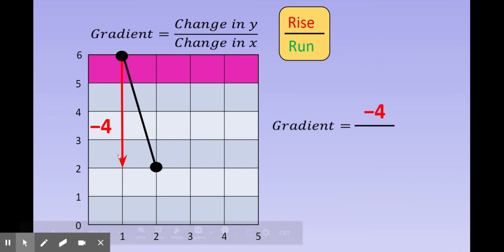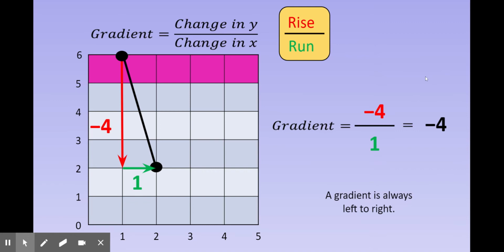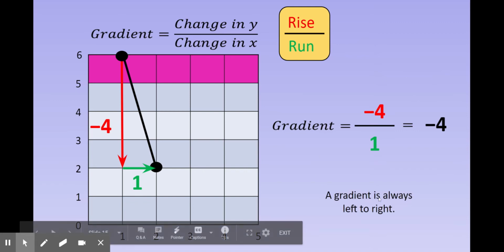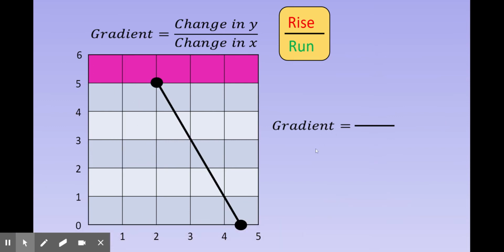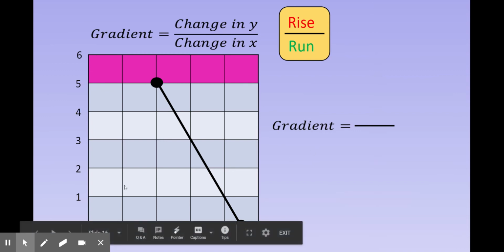So we're going down 4 squares, hence it's minus 4, and across, which is the run, is 1, which would be minus 4 over 1, which is minus 4. The gradient is always read from left to right. Using the previous example, can you please attempt this question?